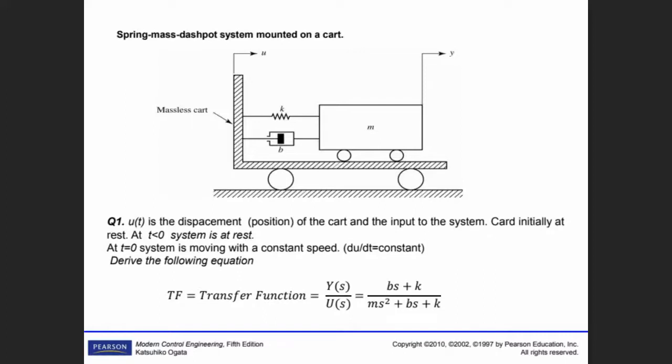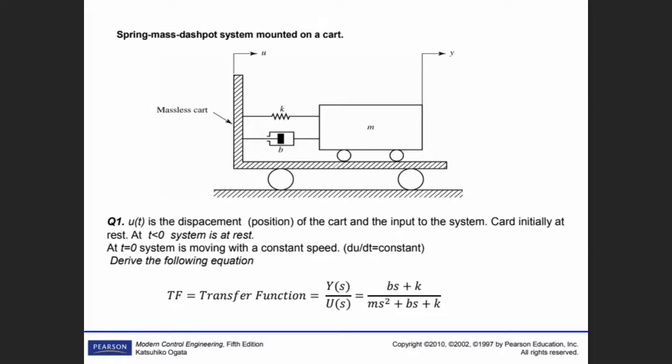How could we solve? How could we obtain this one? I'm going to read the problem. Let us obtain the mathematical model of this system by assuming that the cart is standing still for time smaller than 0, and the spring mass dashpot system on the cart is also standing still. So the system is standing still at the beginning of time.